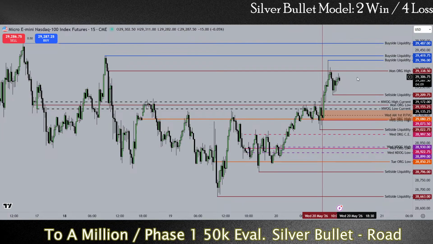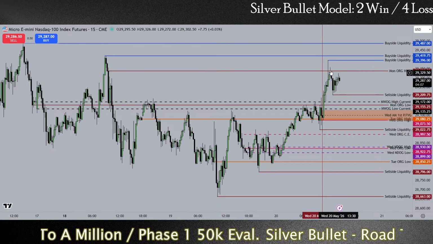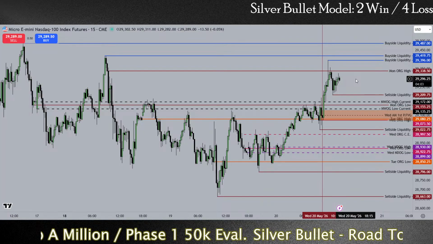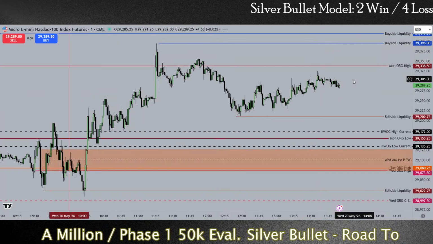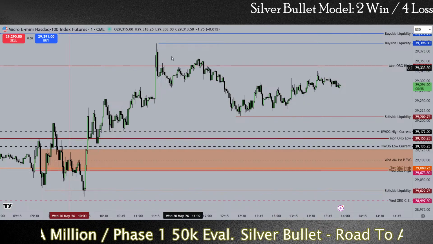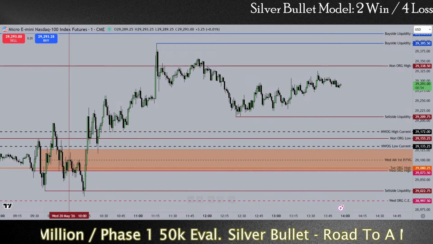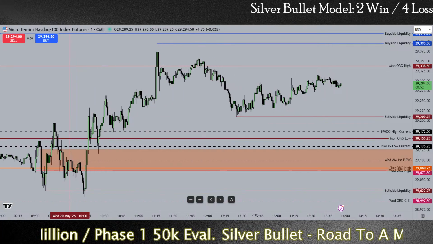We are looking kind of extended here, and the body's respecting that Monday opening range gap high. That's interesting for sure. Nonetheless, we'll see what we get.